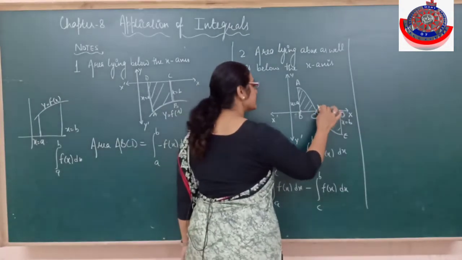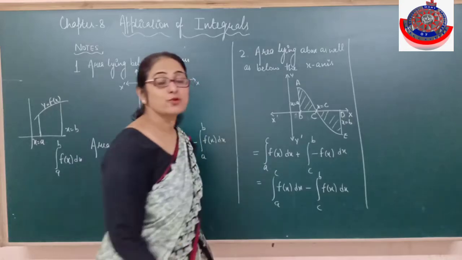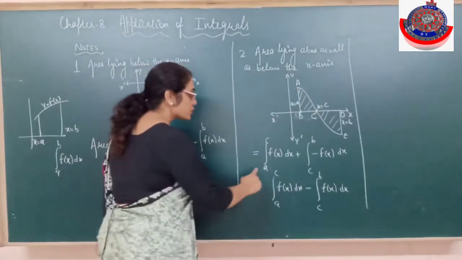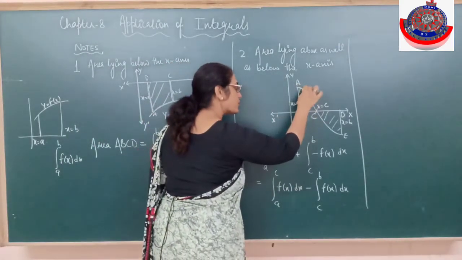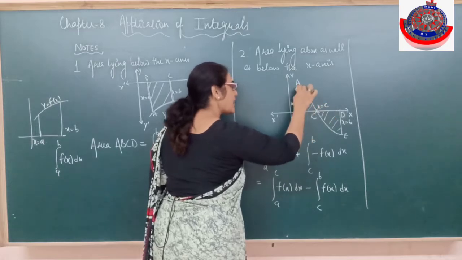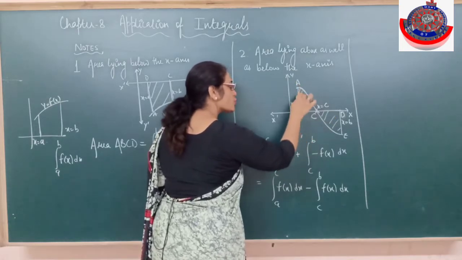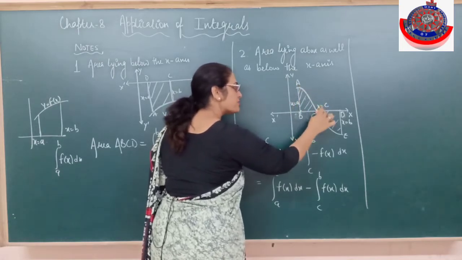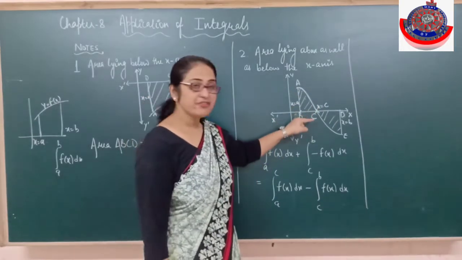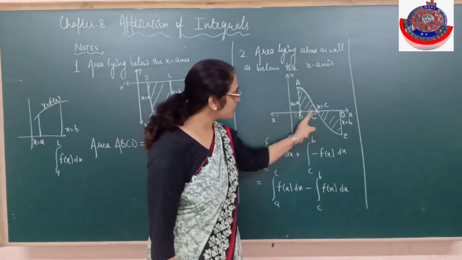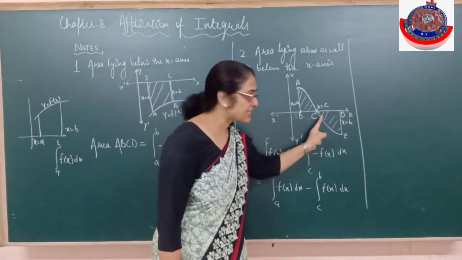This point I need, so let it be x equals c. So A to C, up to this is bounded. I need to find this first. So the curve which is bounding it, the limits, I need to find from B to C.